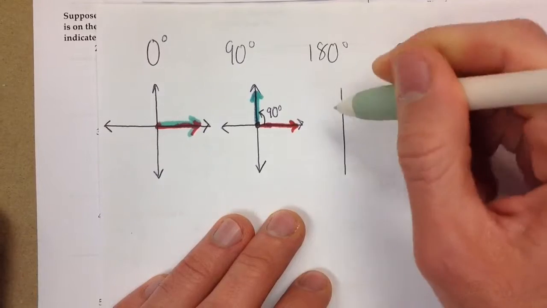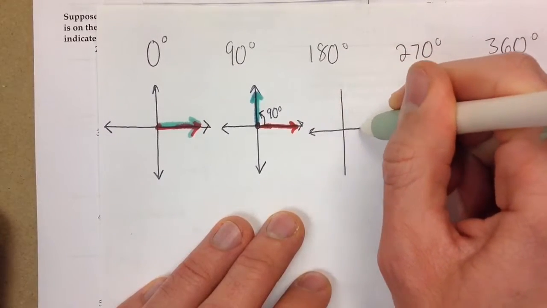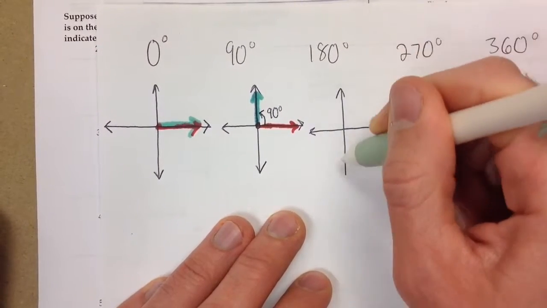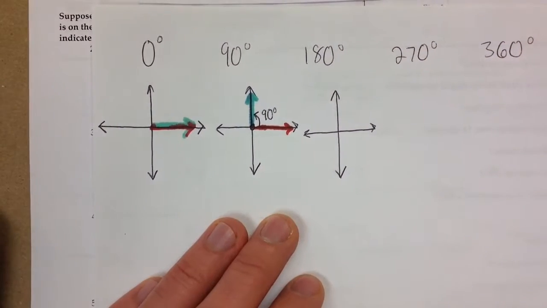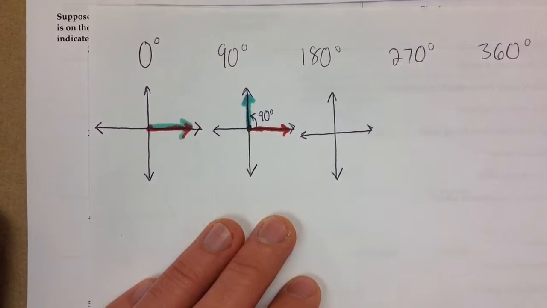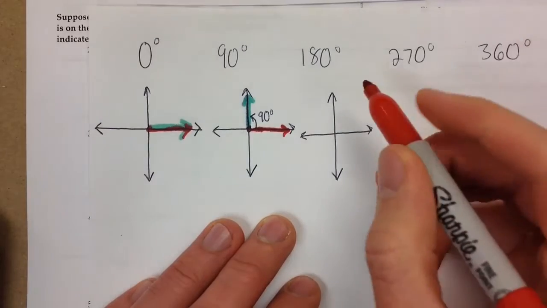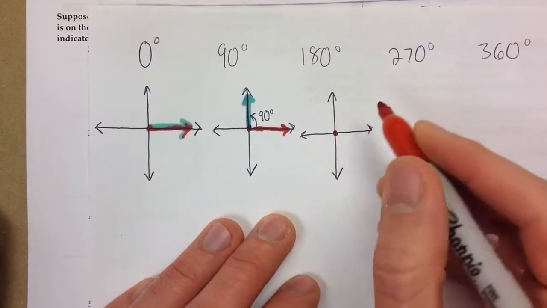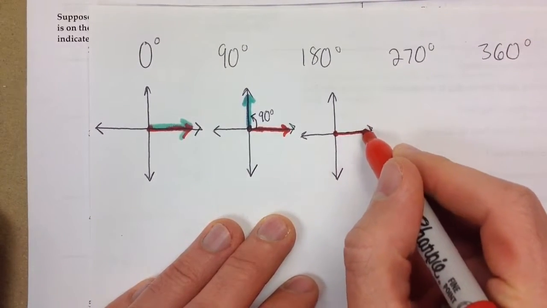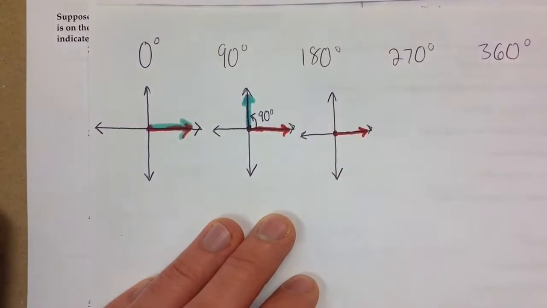180 degrees. Guide me through graphing that. Well, the red line is in the same place. Correct. The initial side is always there. I've used the color red for the same place. Good.